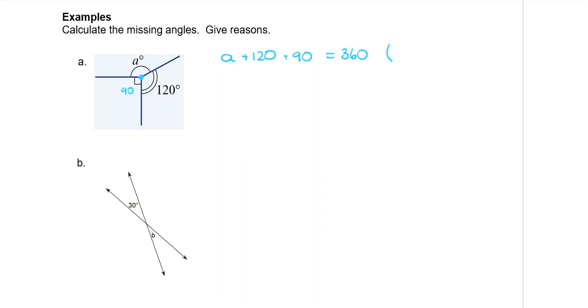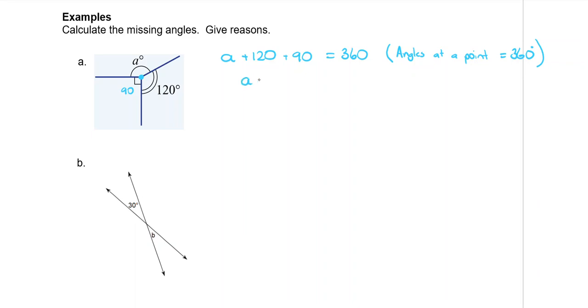And the reason for that is angles at a point. Okay, that's the name. And we know that that is equal to 360 degrees. Now, I still have to finish solving this equation here. Because there are 2 numbers on the left-hand side with my A, I'm going to add those together first.